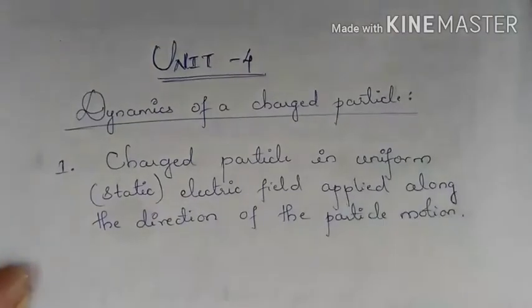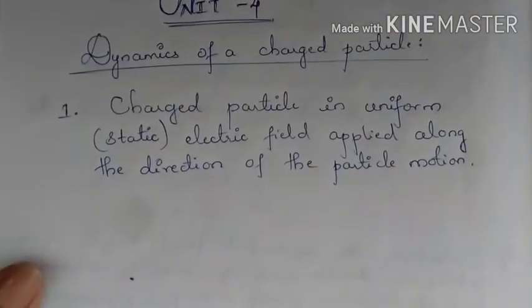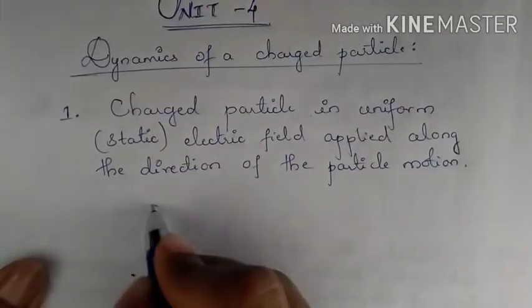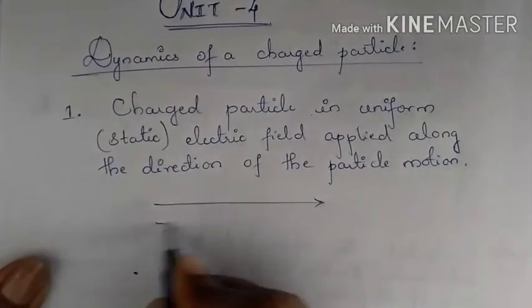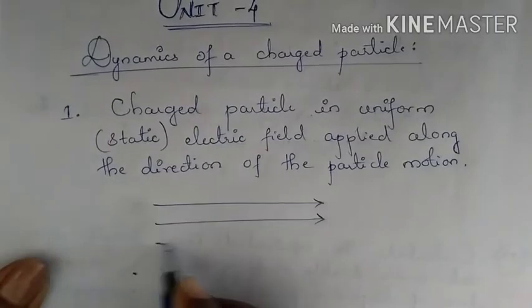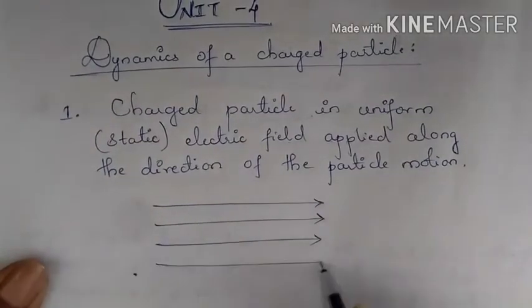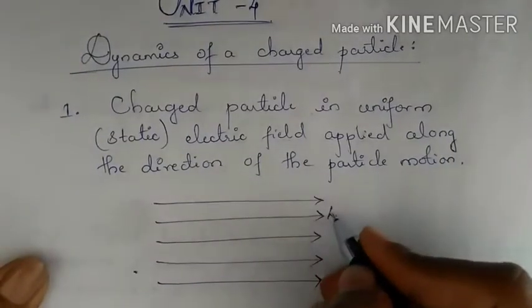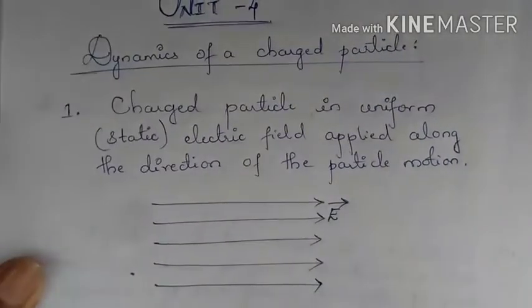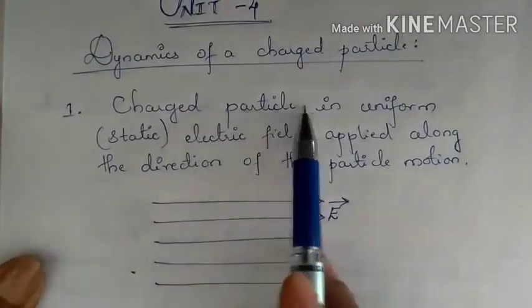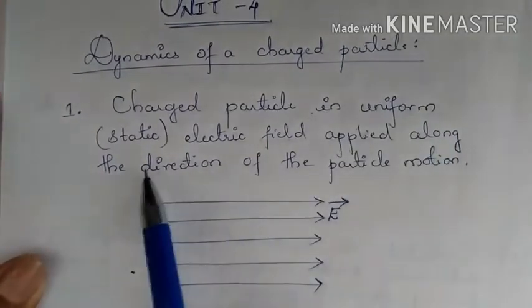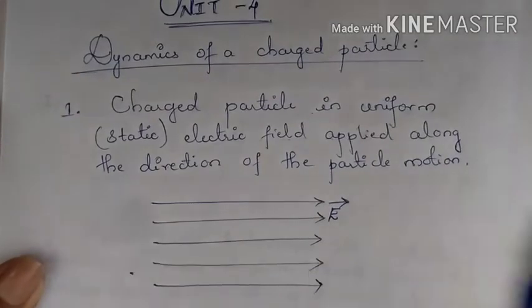So what this headline says is, you have a charged particle in a uniform electric field. Let's suppose this is a uniform electric field. Uniform electric fields can be denoted by straight lines. So you have a charged particle in a uniform electric field, applied along the direction of the particle motion.